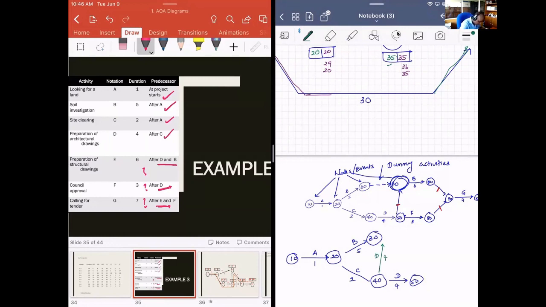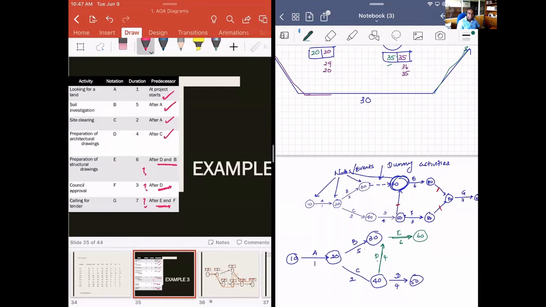If we draw activity D like this and put activity E here, no issue on that because E starts after both B and D. Let's try to understand.